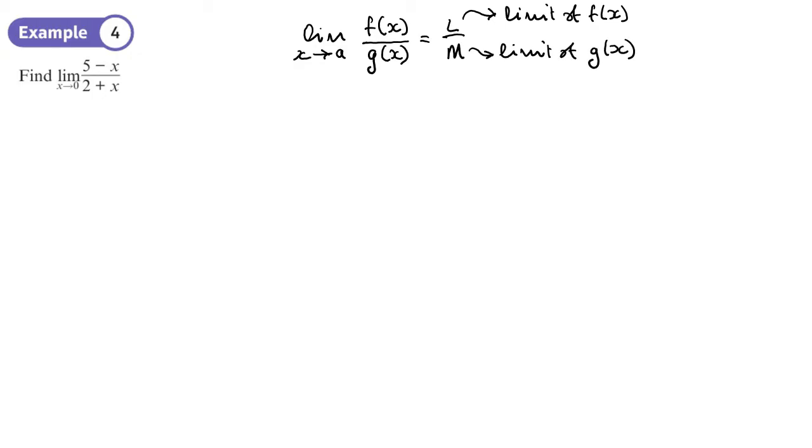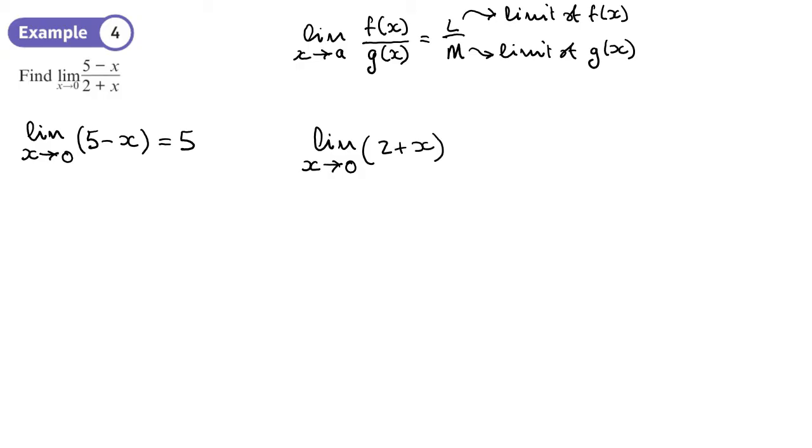So we'll start with the limit as x tends to 0 of 5 minus x. As x tends to 0, that's going to tend to 5. Then we'll look at the limit as x tends to 0 of 2 plus x, and as x tends to 0, this is going to tend to 2.